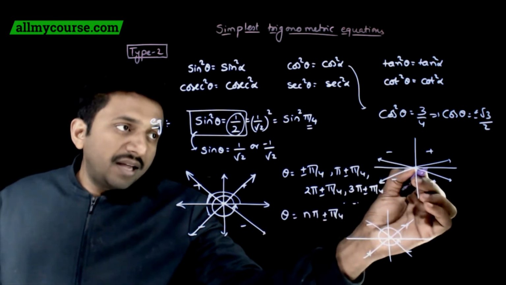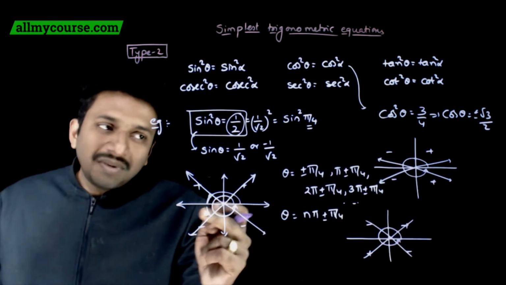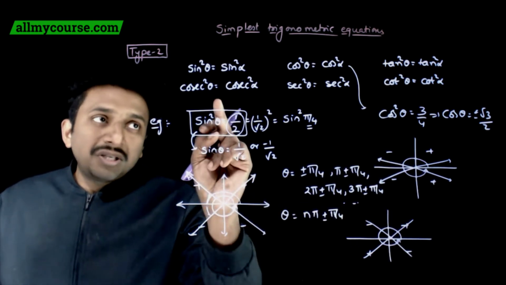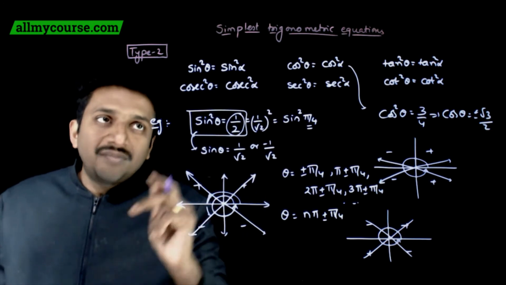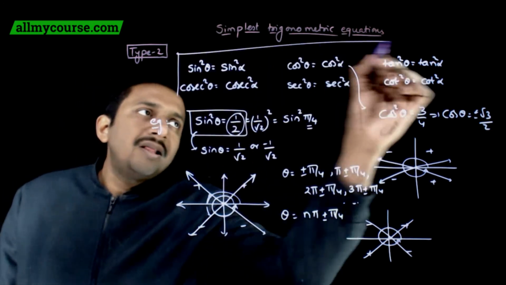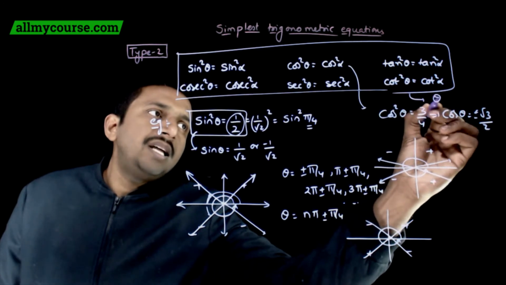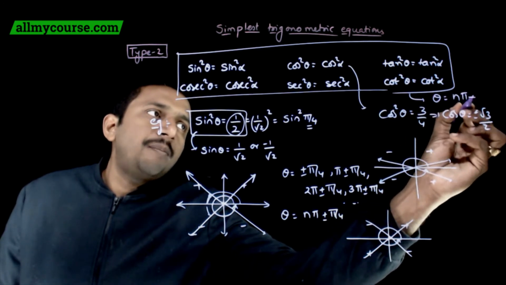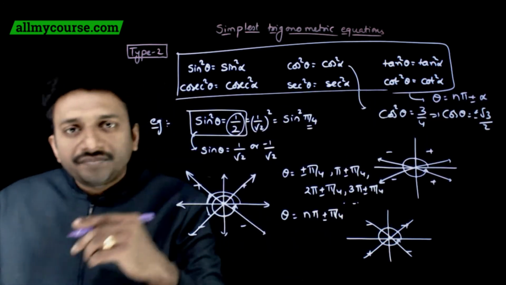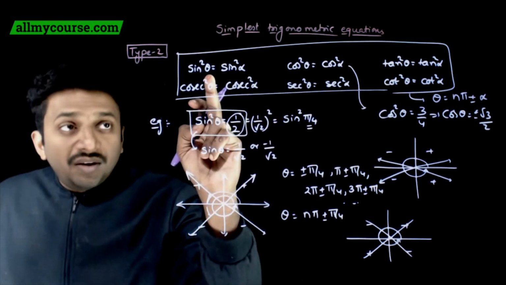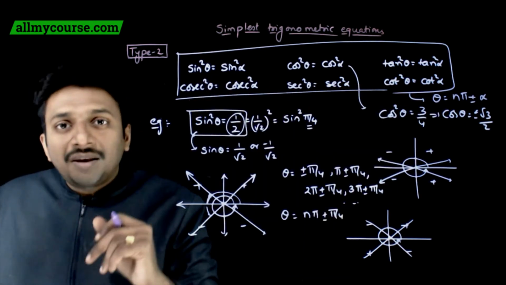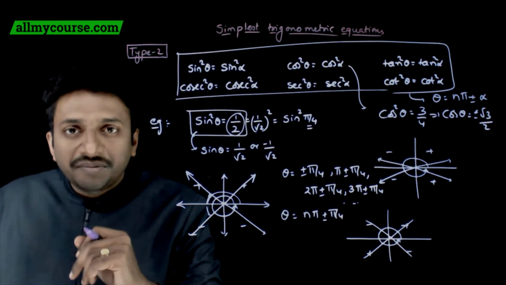So here you have again 4 solutions exactly same. So you have the solution for all of this in the same form. So for all these types of equations, the solution looks like theta is equal to n pi plus or minus alpha. So whenever you see equations involving square, the solution is n pi plus or minus alpha.